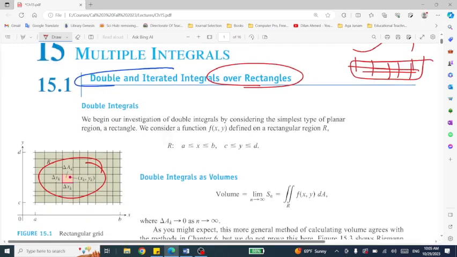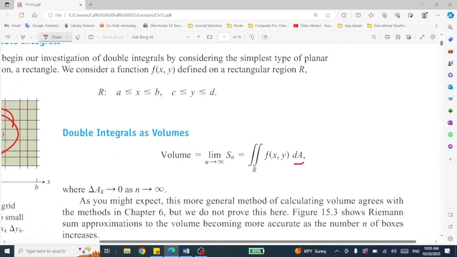Generally speaking, when we want to find an area or volume or whatever we need, you can see from here we have a double integral of a function of two variables, of course, dA. Why dA? Because we don't know whether this area is counted under dx dy or dy dx.